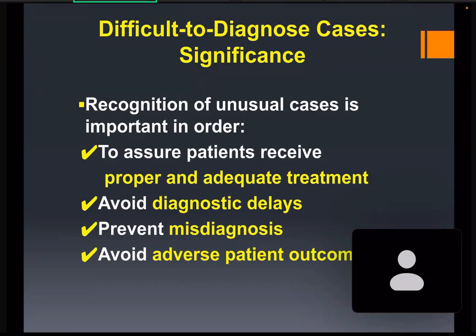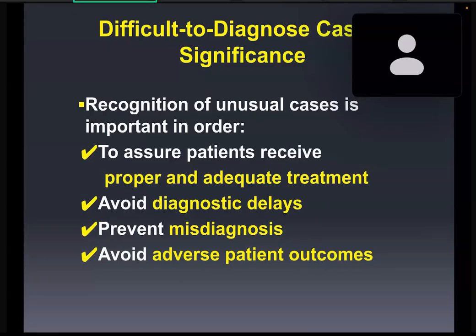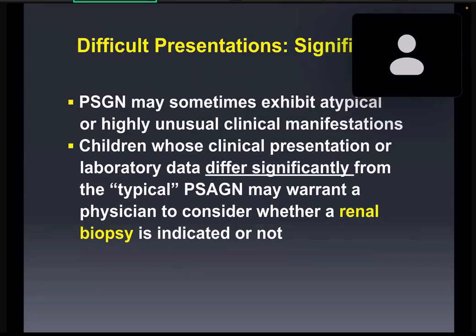Do not wait for the patient to go into a severe manifestation before you refer, because that's always the problem. There are so many physicians who think they already know what is happening, and they become surprised by something that is not typical. Okay, so we avoid diagnostic delays, we prevent misdiagnosis, and of course, if there is already a severe manifestation, we avoid adverse patient outcomes. So do no harm also.